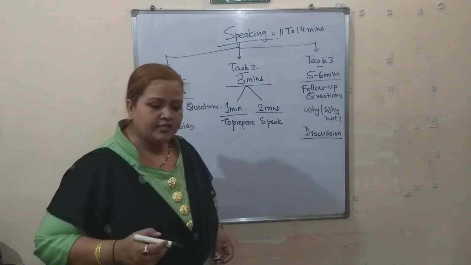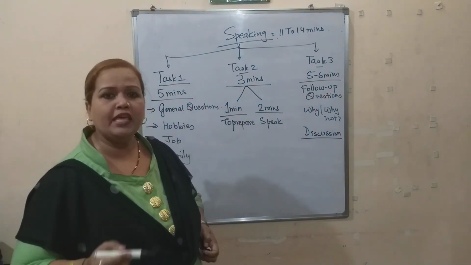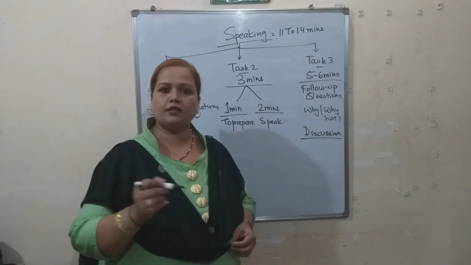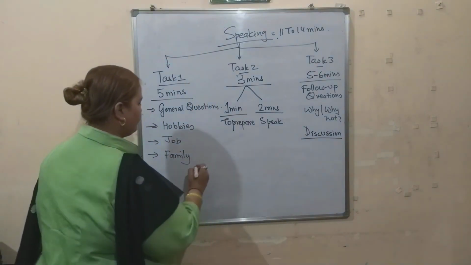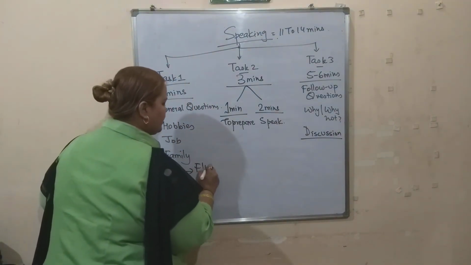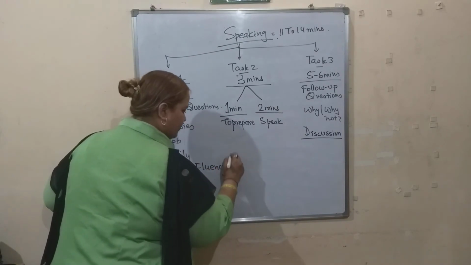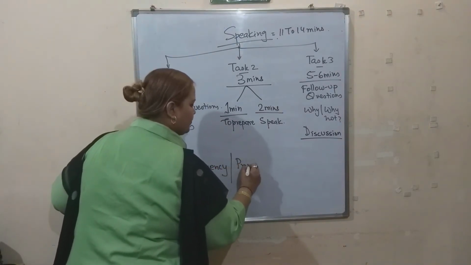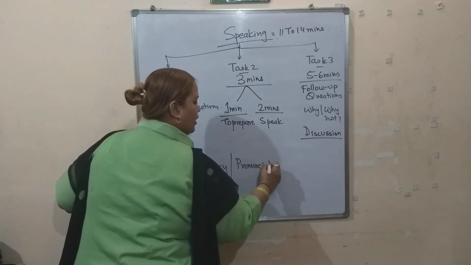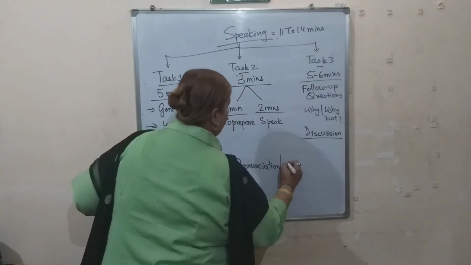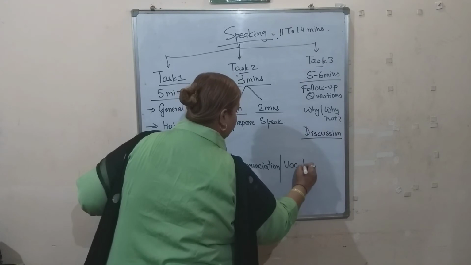Besides this, let's see how your speaking is judged by the examiners. Very first, they see your fluency, how good you are in fluency. They see your pronunciation. They see your vocabulary, what type of vocabulary you are using.